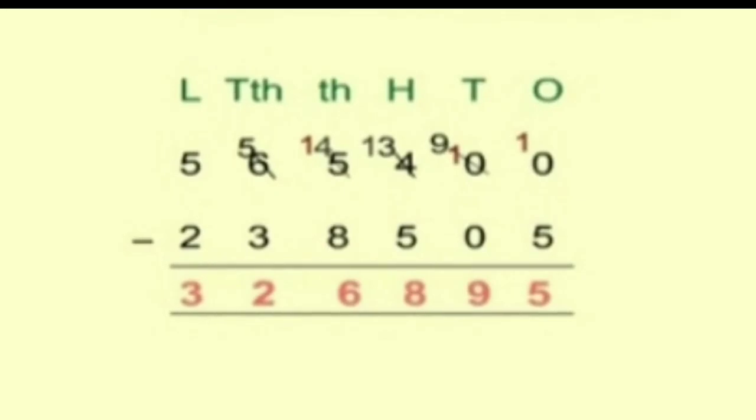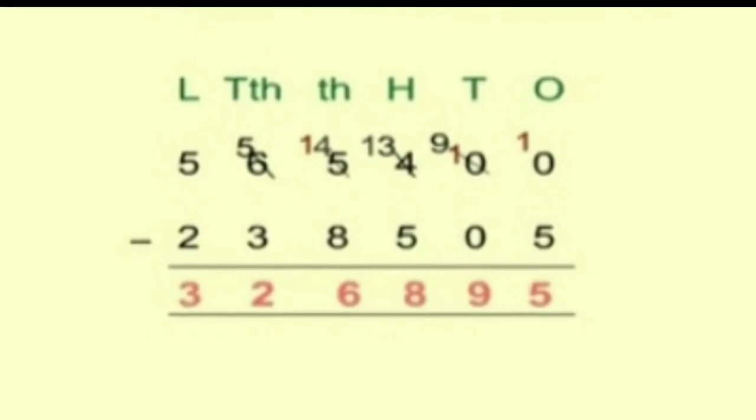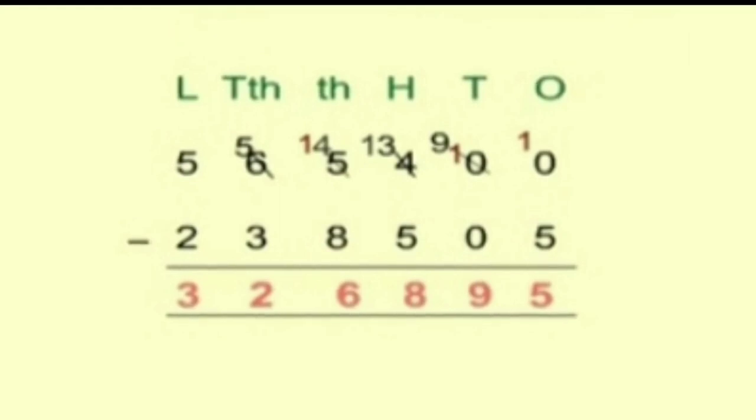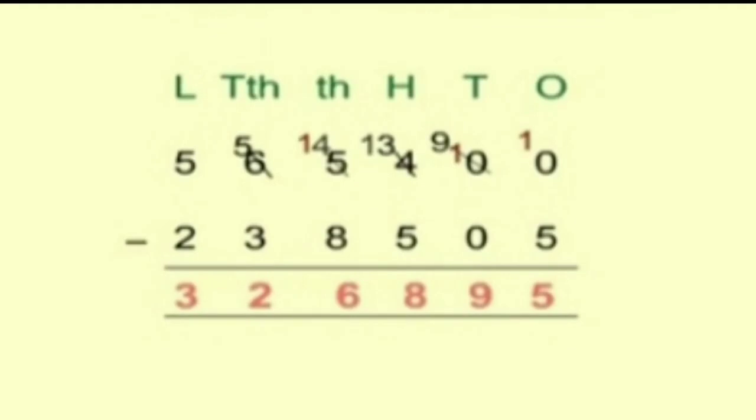Now moving on to the thousand column, again we cannot subtract 8 from 5, and also 5 has given its one to the nearby hundred. It has become 4, and now it has to borrow one from the 10,000 column. So the digit has become 14. So subtracting 8 from 14, we can write 6 in the 1000 column.